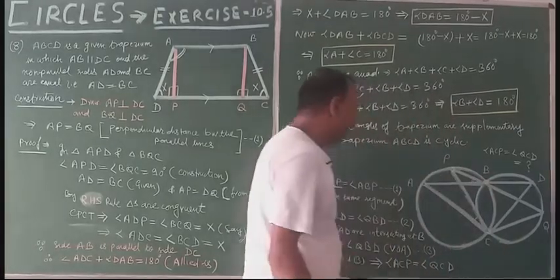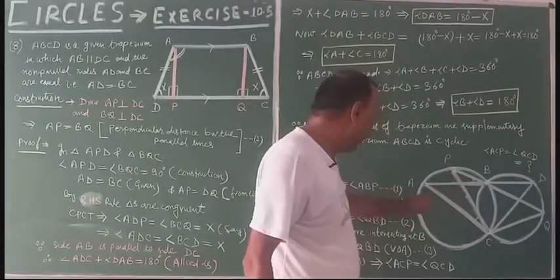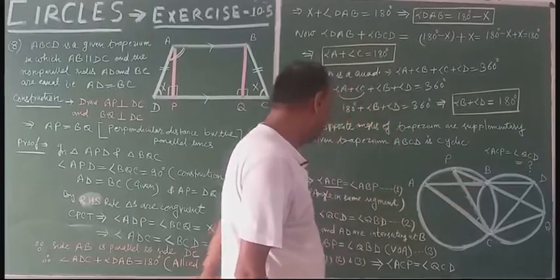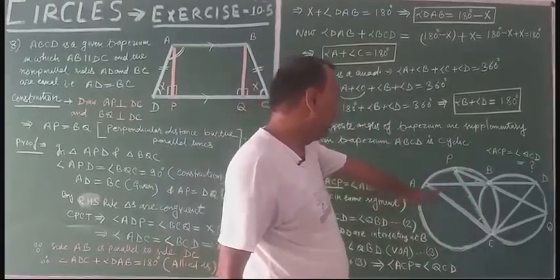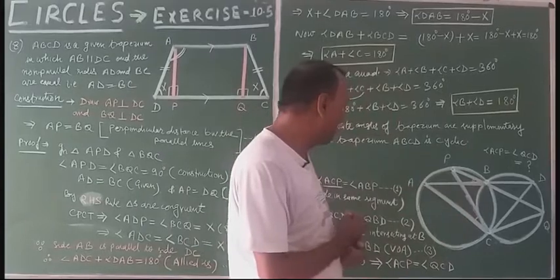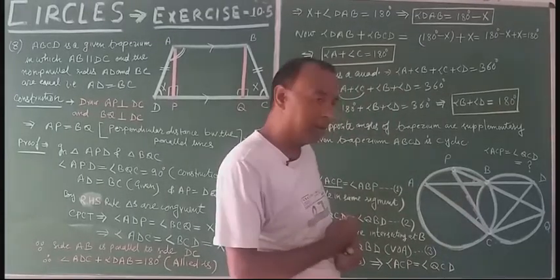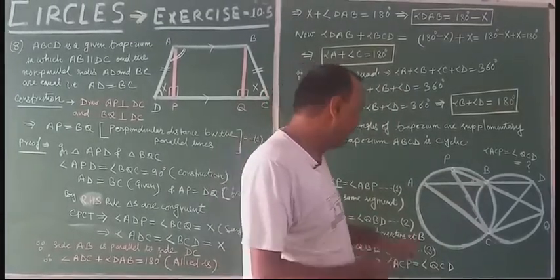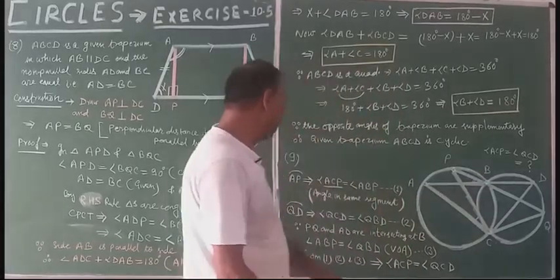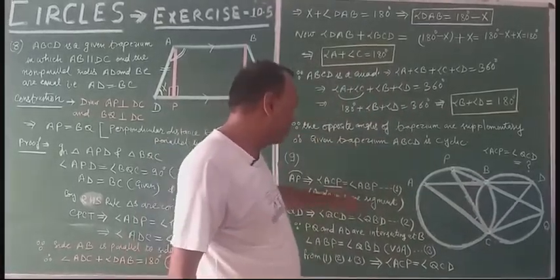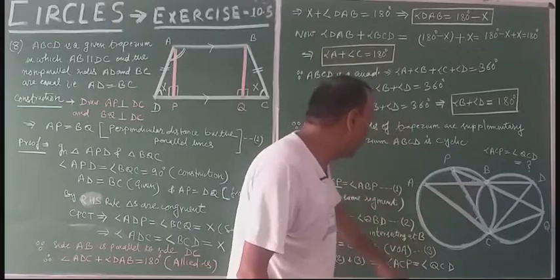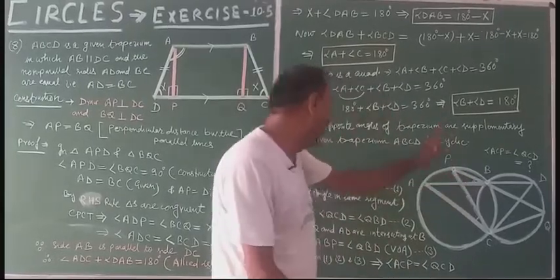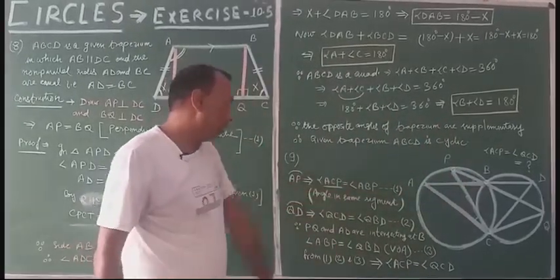ACP and ABP. They are the angles subtended by the arc AP on the same segment. It means both the angles will be equal. So therefore angle ACP is equal to angle ABP, because they are the angles in the same segment.